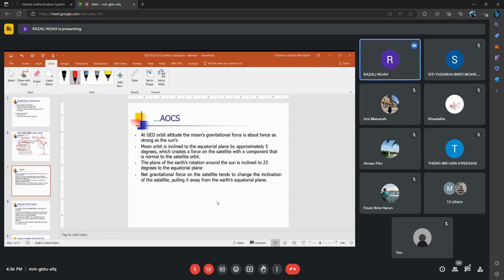Because in space, we have not only the gravitational force due to Earth, we also have gravitational force due to other bodies, for example the moon and the sun.